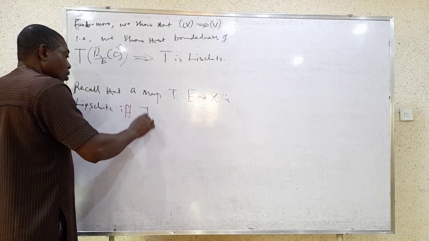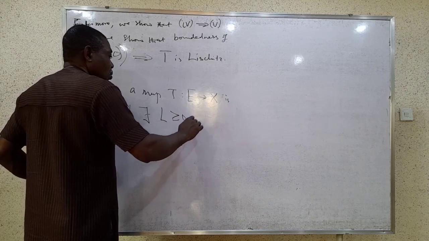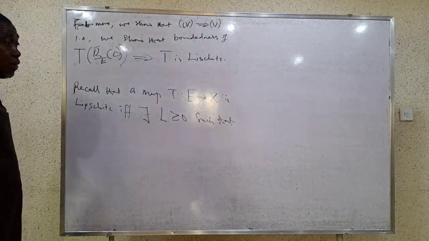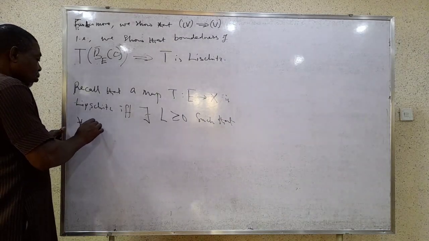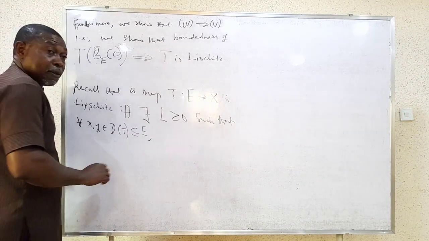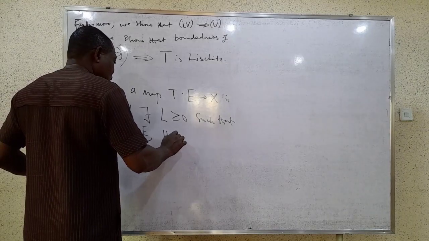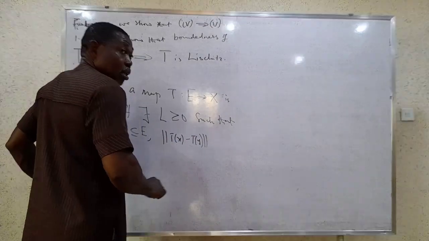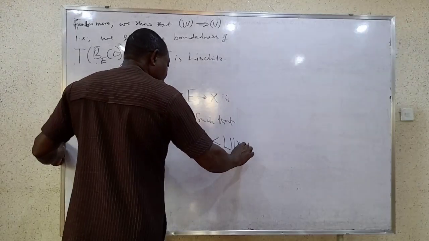if and only if there exists a constant M greater or equal to 0 so that for any x or y in the domain of T, a subset of A, the norm of T of x minus T of y is less than or equal to M times the norm of x minus y.